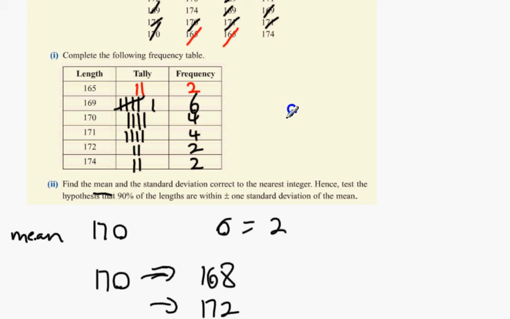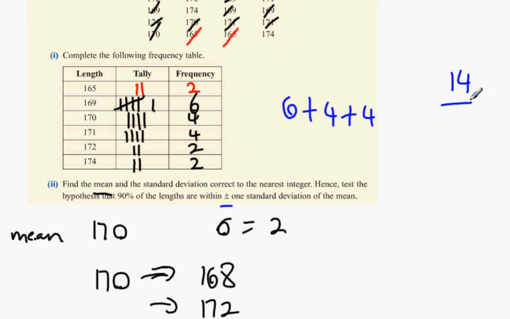So 6 people for 169, 4 people for 170, 4 people for 171. Now, does 172 count? It's on the boundary, so we're going to leave 172 out. What we get is 14 people within. Within means you can't be equal to it.